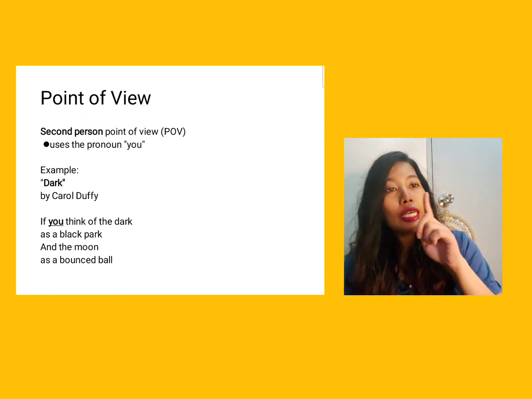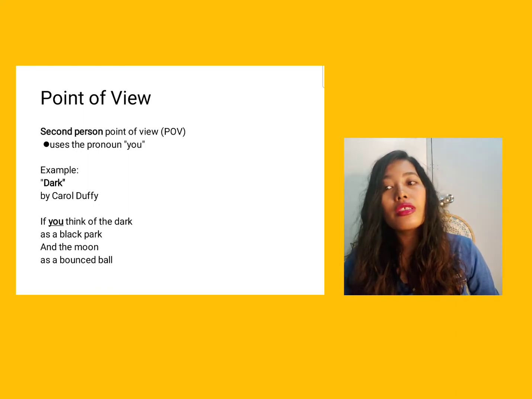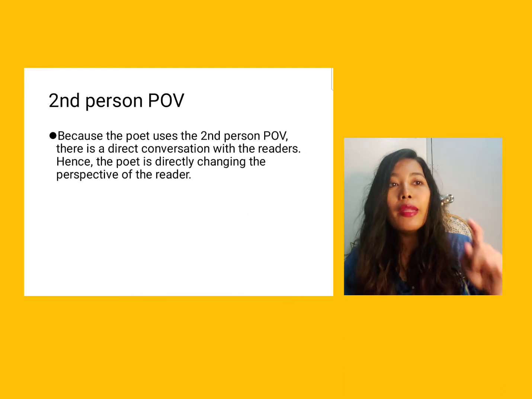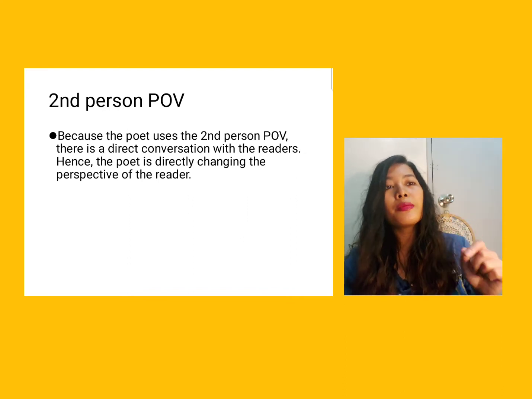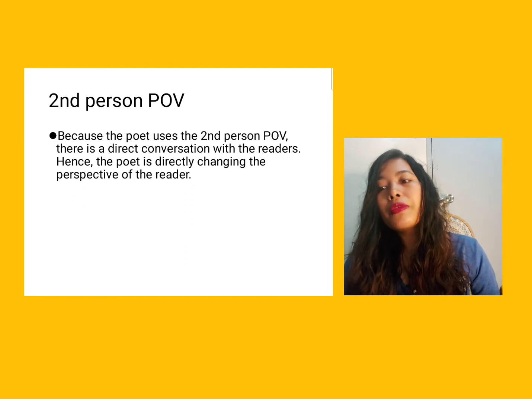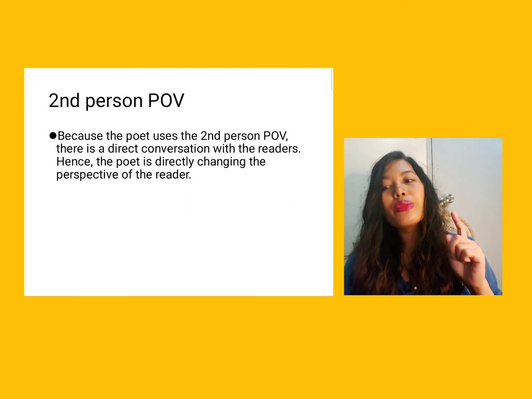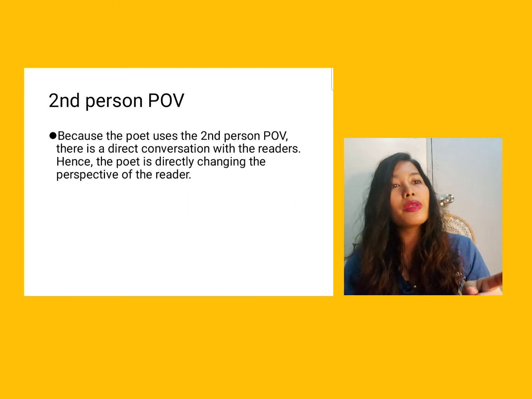What's really cool about this is that Carol Ann Duffy uses the second person point of view. Because the poet uses the second person point of view, there is a direct conversation with the readers. The poet is directly changing the perspective of the reader.